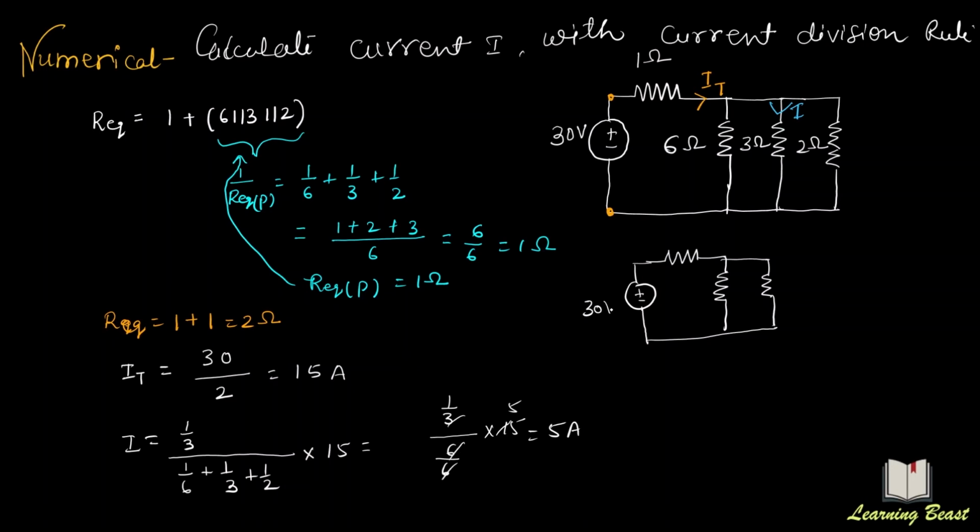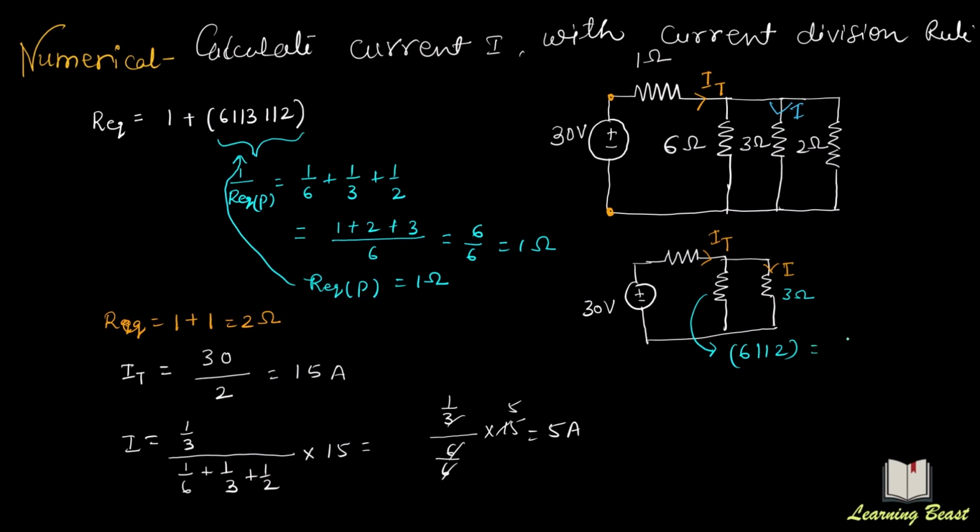So this is 30 volt. This current will be IT. This is suppose I. And the value of resistor is 3 ohm here. And this is the parallel combination of 6 and 2.